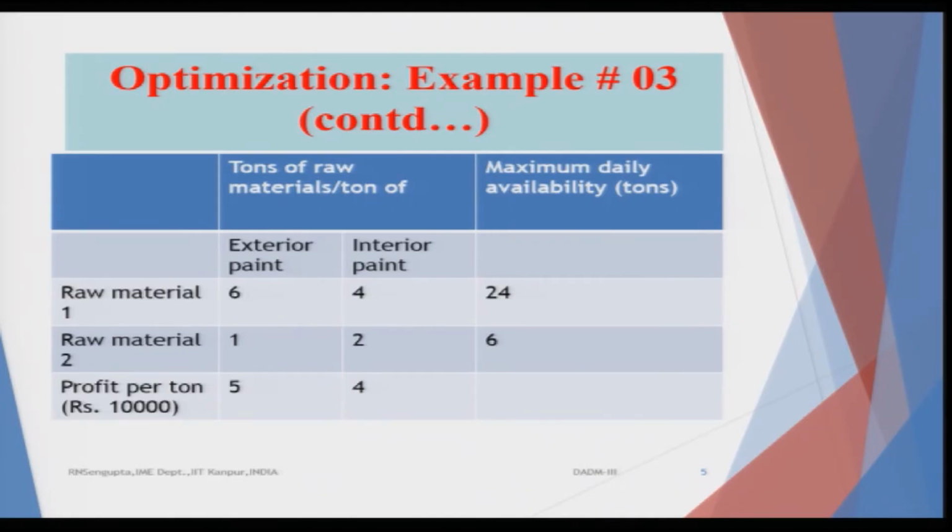Again, the maximum availability of raw material 2 given per day or per unit time is 6. So, these are the so-called constraints corresponding to the fact that the availability is given not in rupees, but in kgs or tons or liters, whatever; in this case it is tons.